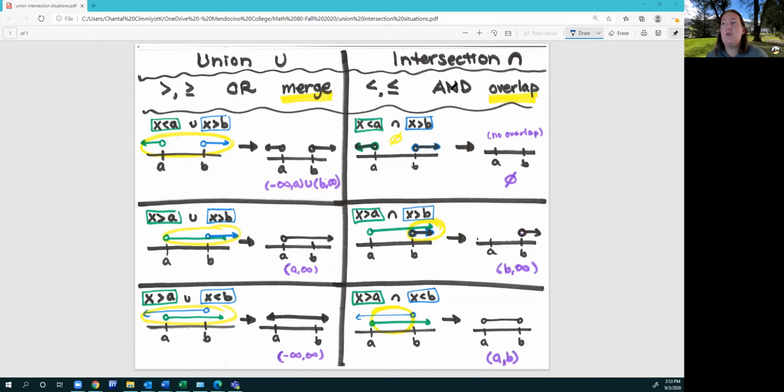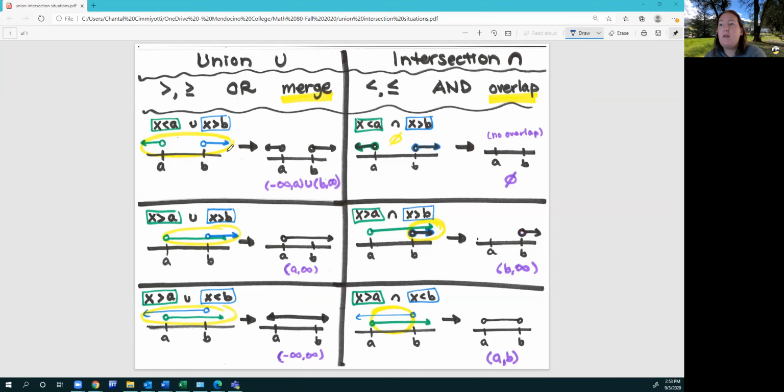So you'll see the or versus the and really does matter when you look at this document. So the or, the union, it either is in this set or in that set, or it could be in both. It's where you're merging.